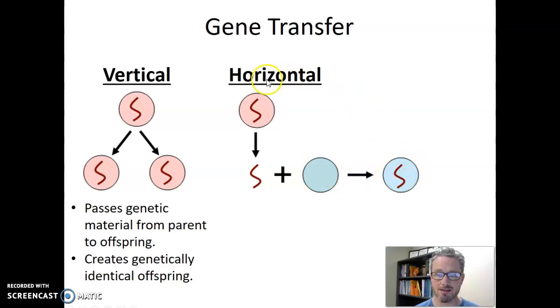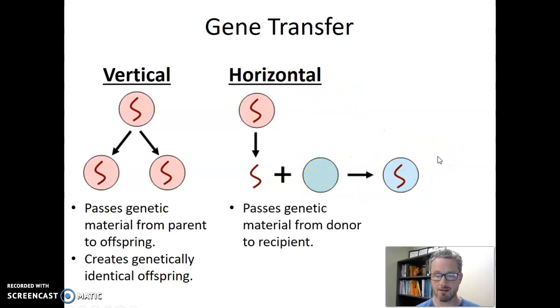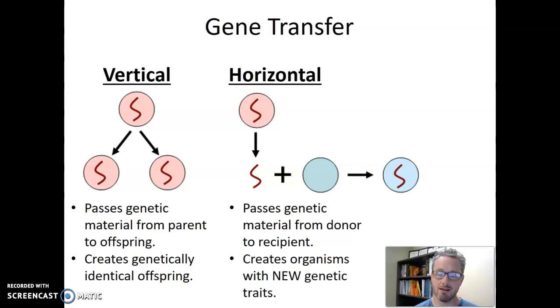So in the process of horizontal gene transfer, we change this recipient cell. It gains new traits. So horizontal gene transfer passes genetic material from a donor to a recipient. That will always be true. And the exciting thing about horizontal gene transfer is that it creates organisms with new genetic traits.